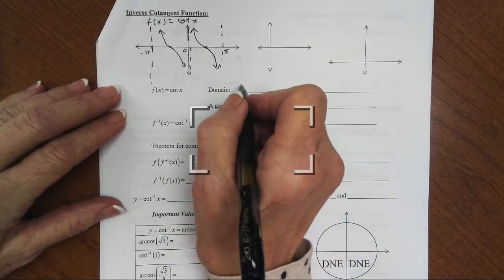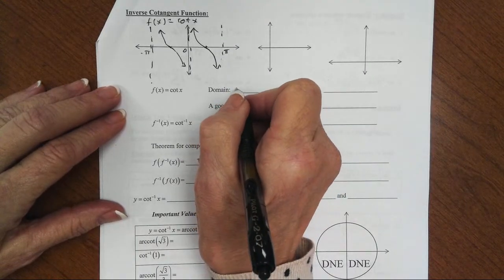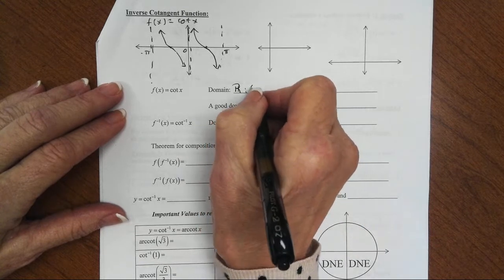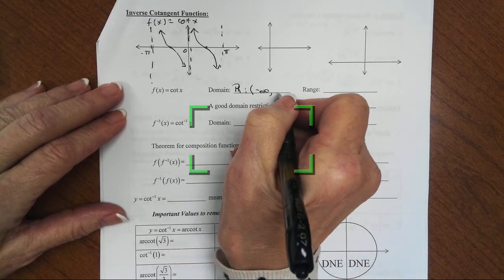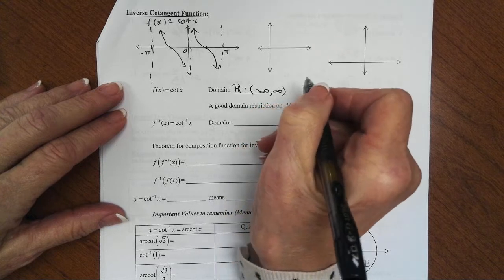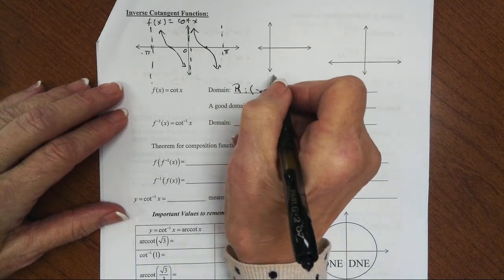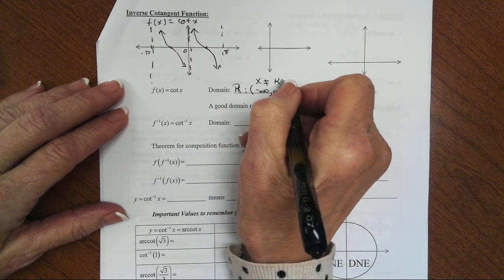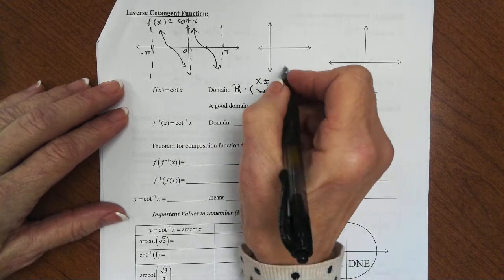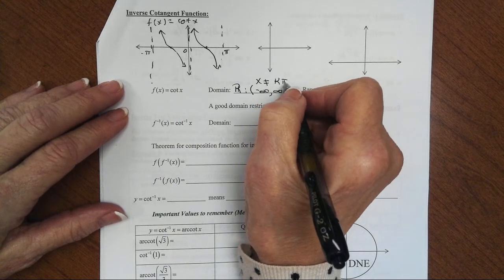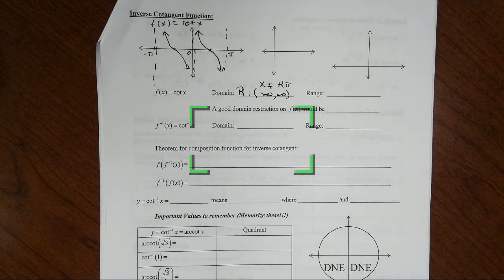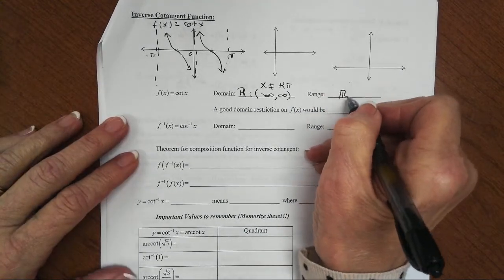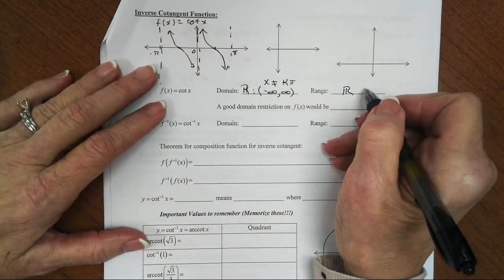And so the domain for the cotan function is all real numbers, from negative to positive infinity, except for all the x's that cannot equal 0 plus or minus any multiple of pi: 1 pi, 2 pi, 0 pi, negative pi, whatever pi. And then the range is all real numbers. It goes from negative to positive infinity.